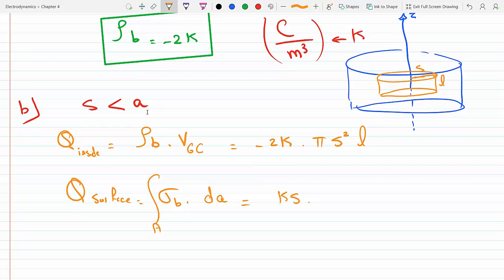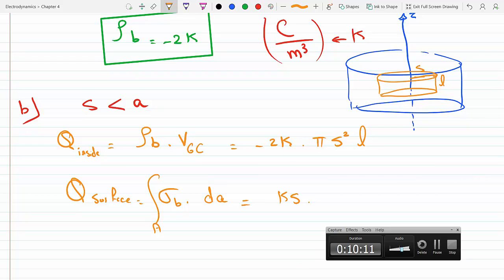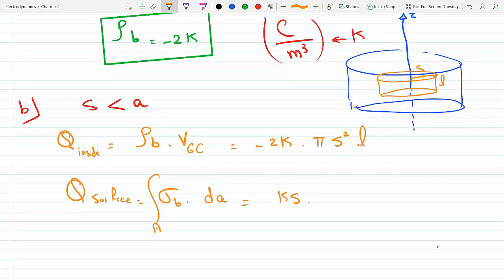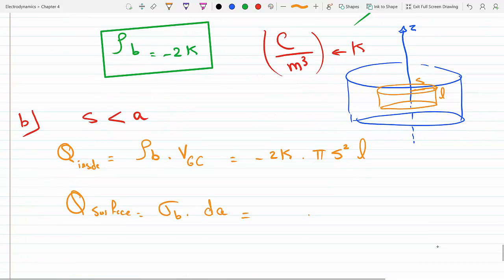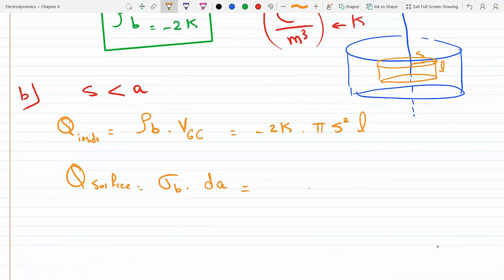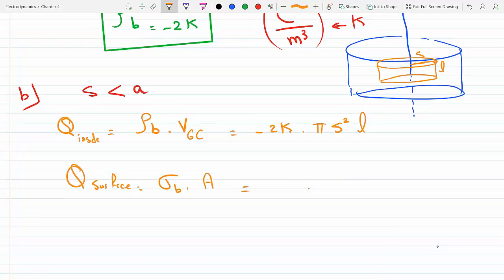Actually never mind, because on the surface I don't really need to do an integral, since my radius is just A. So this would be a constant, ka. So I could just multiply by the area of the surface.